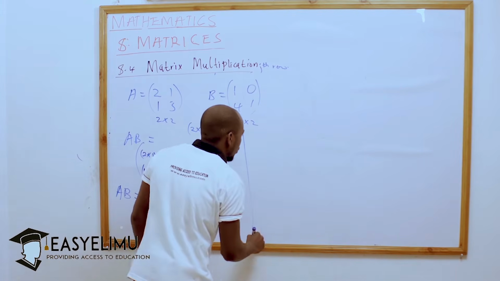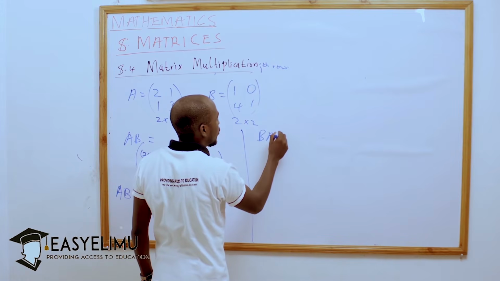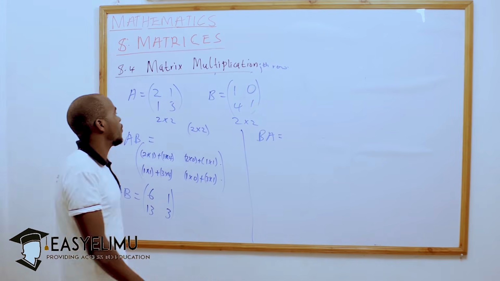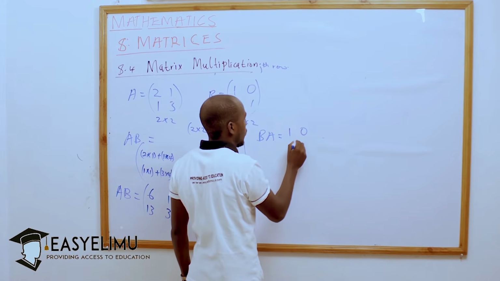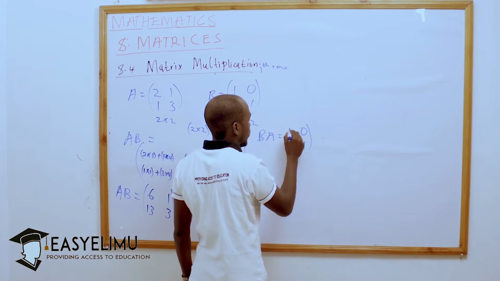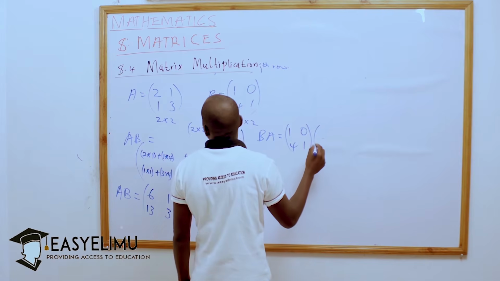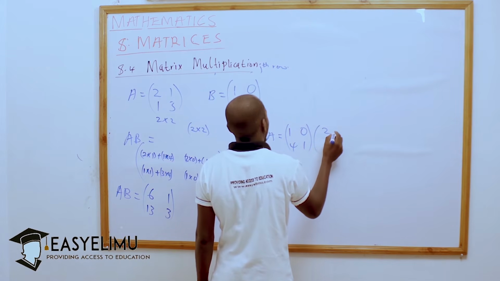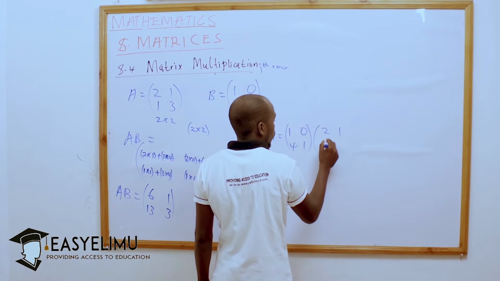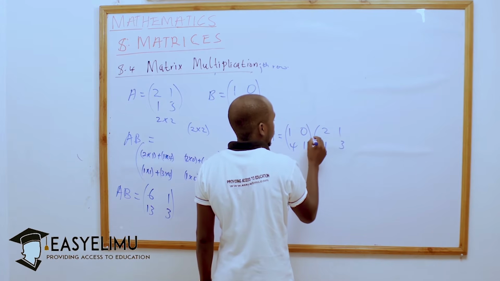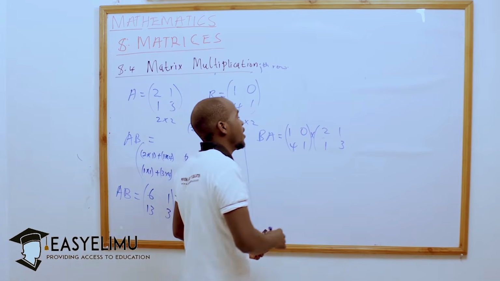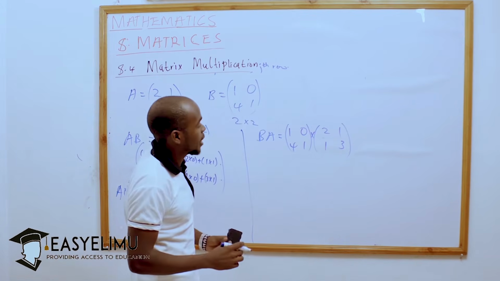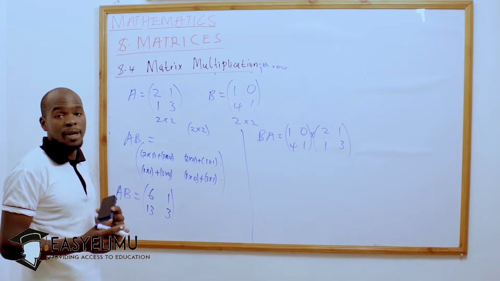But what if you want BA instead of AB? What will you find? So that one we are going to take 1, 0, 4, 1, then we multiply by 2, 1, 1, 3. I can put there a multiplication sign or I can omit it, but if they are bracketed and close to each other, you know it's a multiplication.